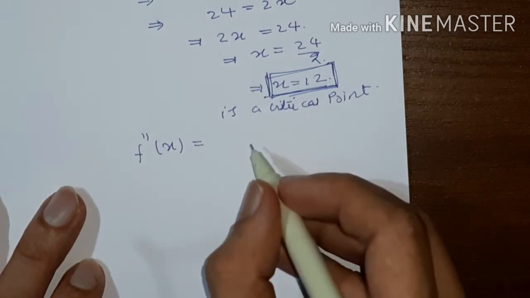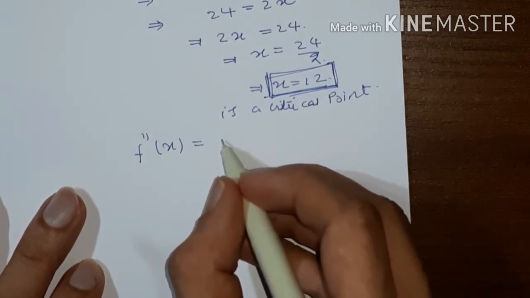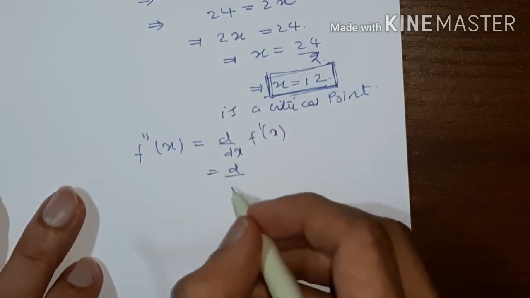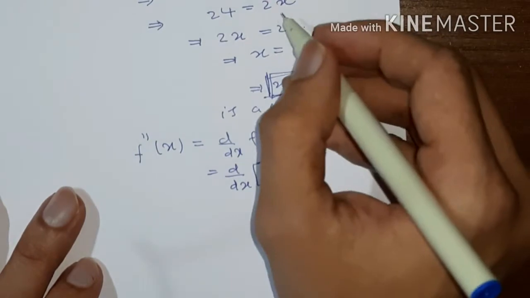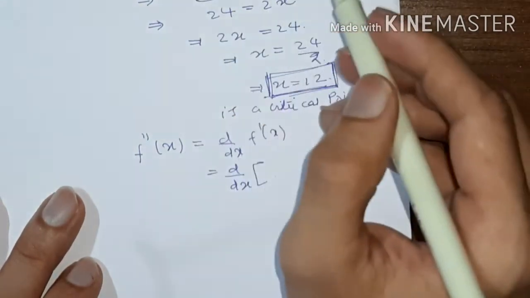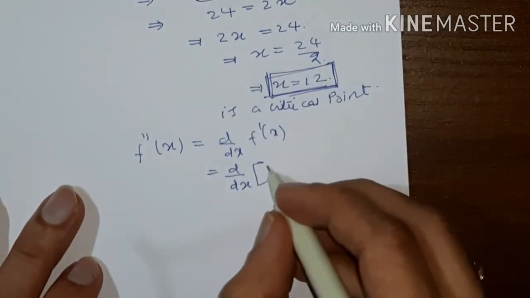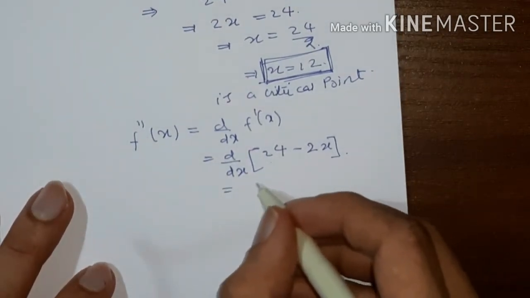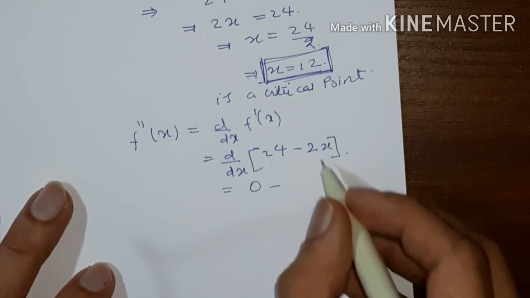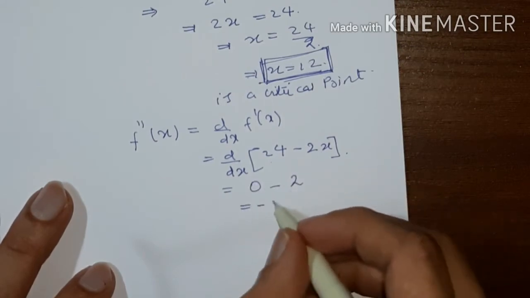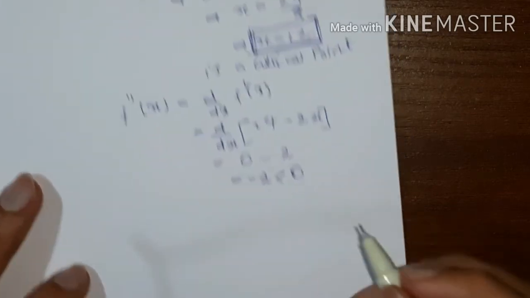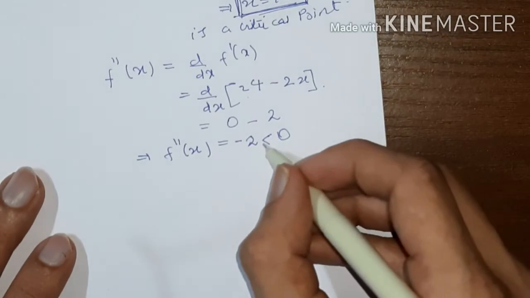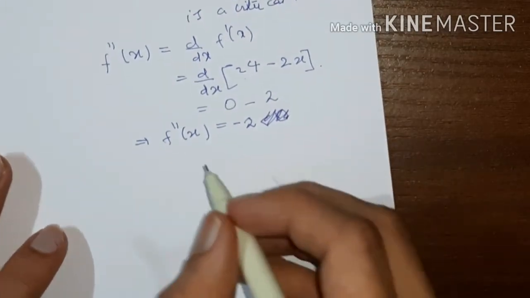So f double prime of x is the derivative of f prime of x, that is the derivative of 24 minus 2x. The derivative of 24 is 0 minus the derivative of 2x, which is 2, so that is minus 2, which is less than 0. So you are getting f double prime of x as minus 2, less than 0.